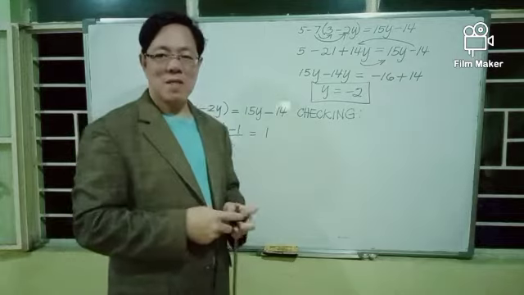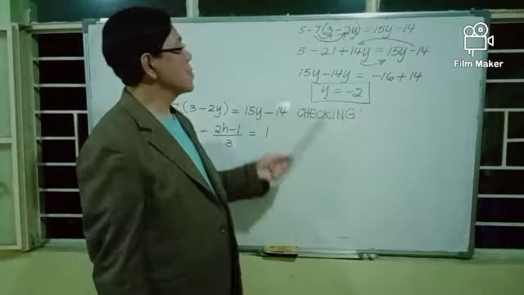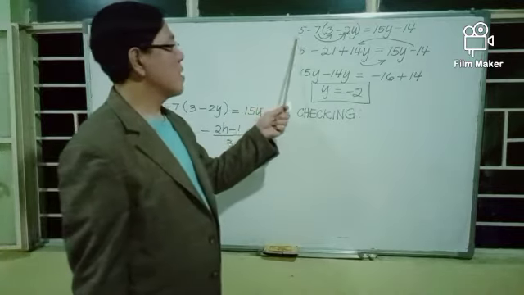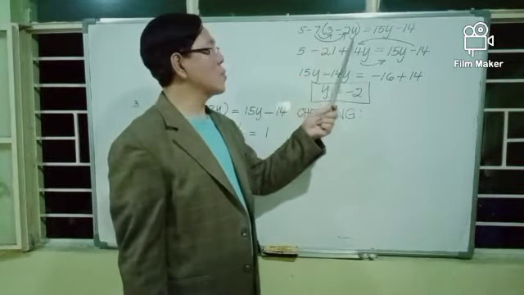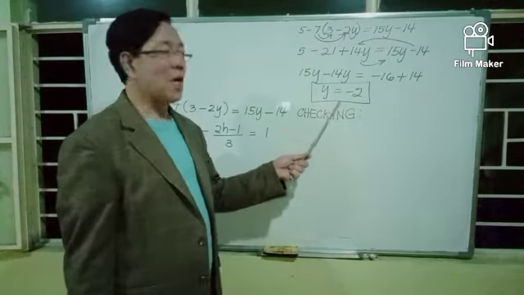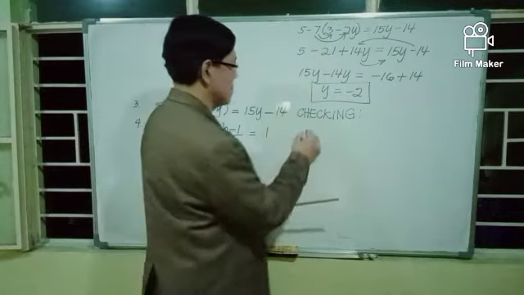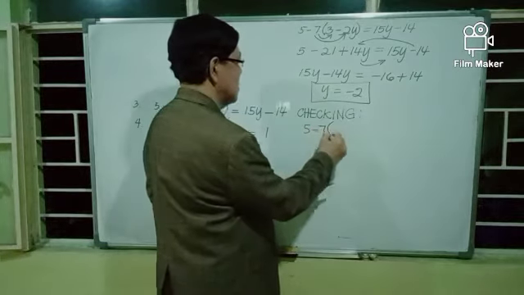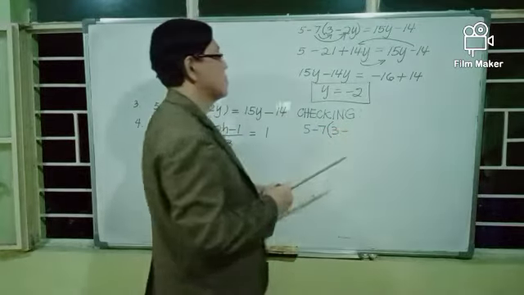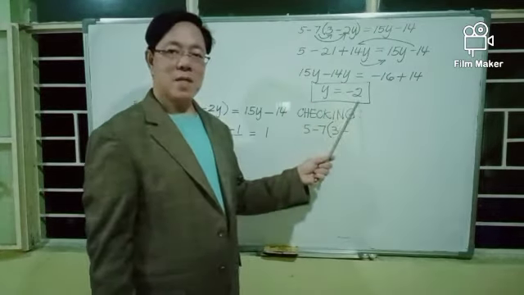Again, we check if this value of y, for our solution, y equals negative 2, is a correct solution of this linear equation: 5 minus 7 times quantity 3 minus 2y equals 15y minus 14. By substituting the value of y into this equation, we have 5 minus 7 times quantity 3 minus 2 times y, which is negative 2.